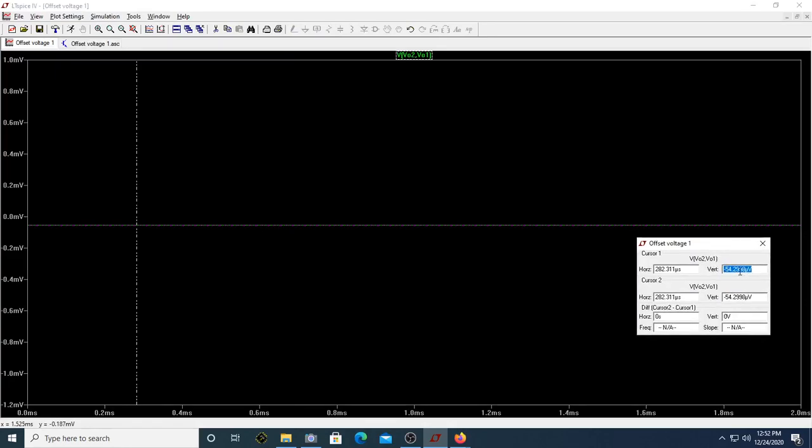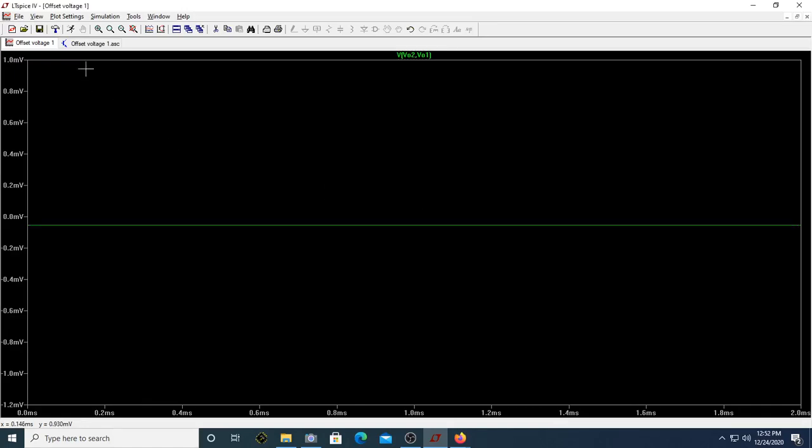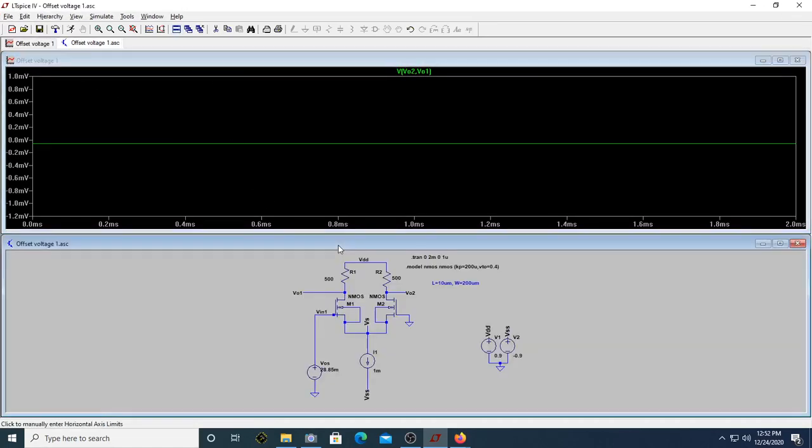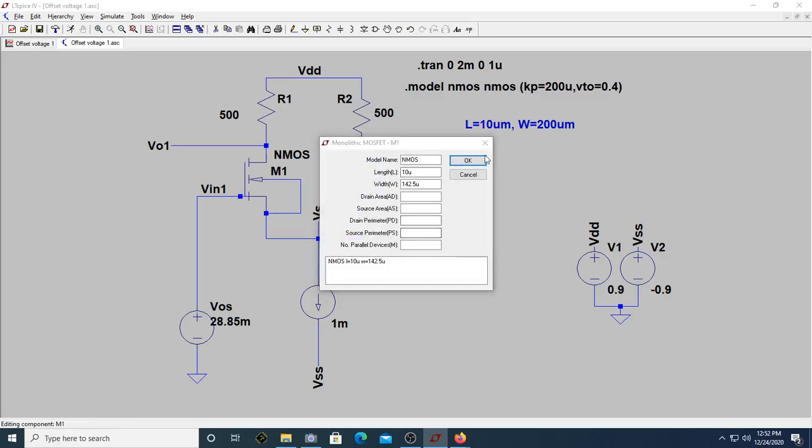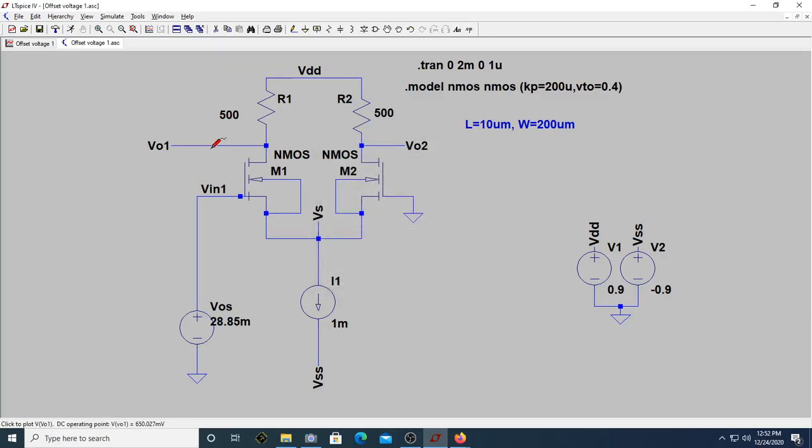Can you see it's minus 54 microvolt, which means the offset voltage has now become 0, because in spite of having a mismatch of 10% among these two transistors, I can make the output offset voltage 0 by applying appropriate polarity of the input offset voltage. This is input offset voltage to make the output offset voltage 0.